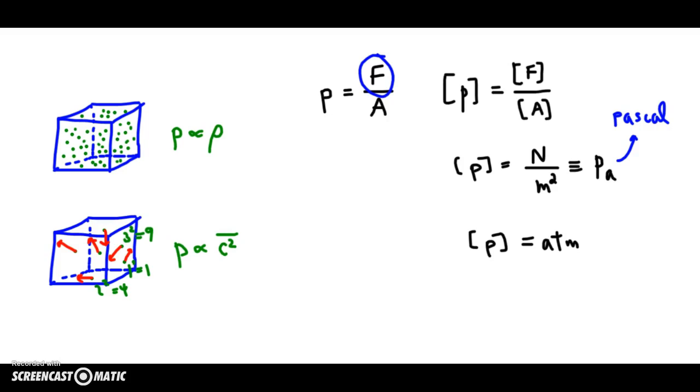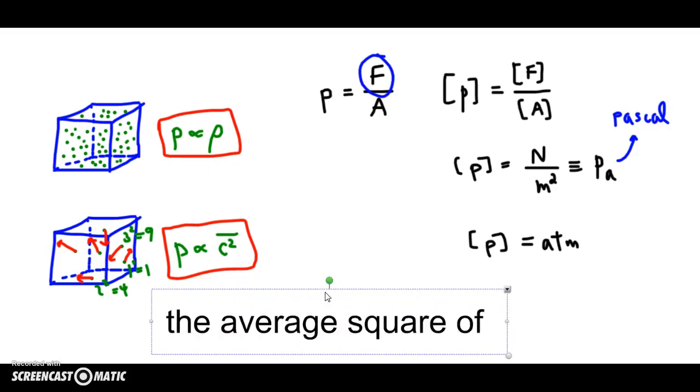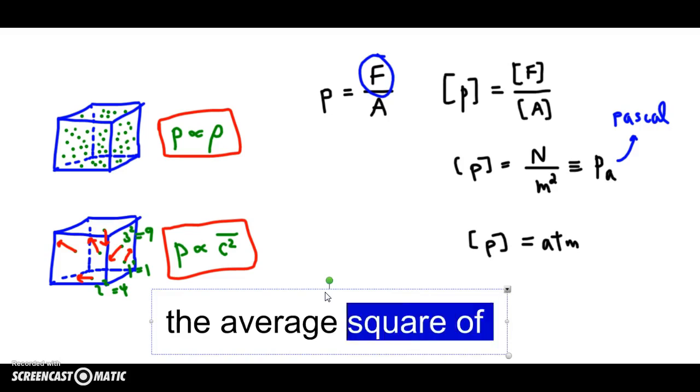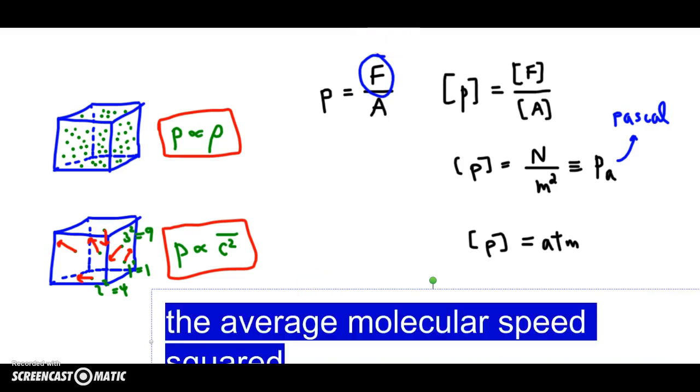There's another easier way to say this. The pressure, yes, no, that's really the best way. So we have two things that pressure depends on. We see it depends on the density and c squared bar, and here's how we write what that is. That is the average square of the average molecular speed squared.